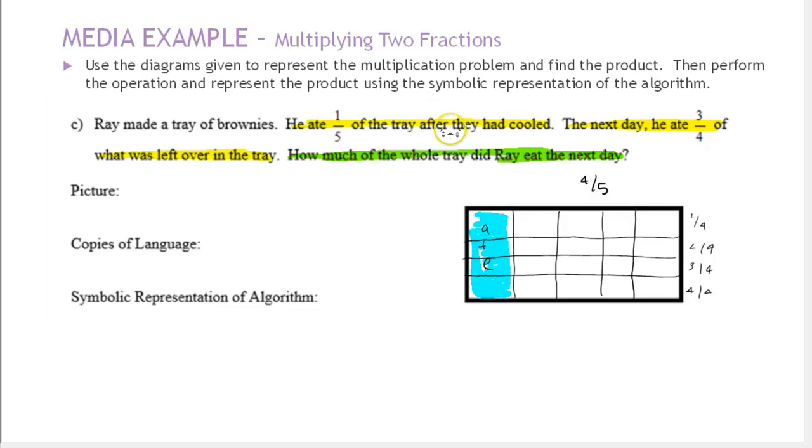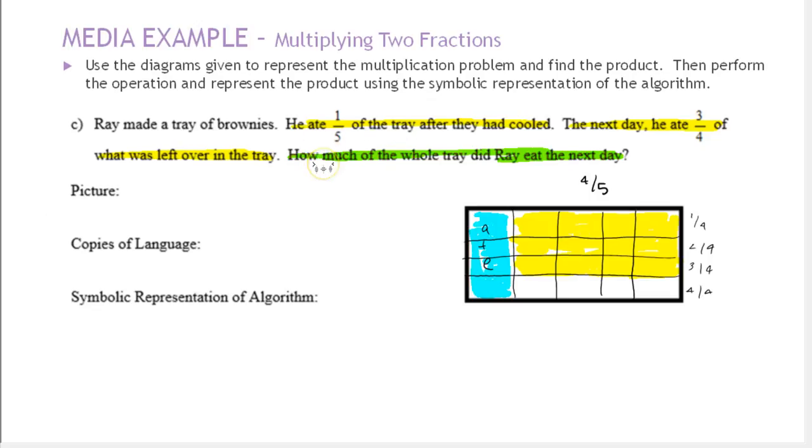So he ate 3/4. Now I'm going to shade that a different color. How about yellow? So the yellow is what he ate the second day. This was already gone, so he couldn't eat 3/4 of that.